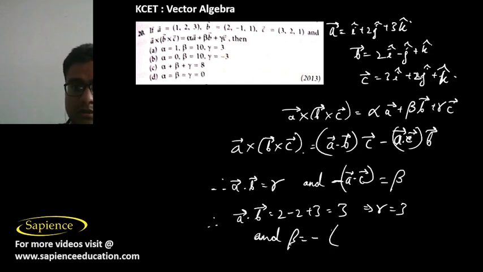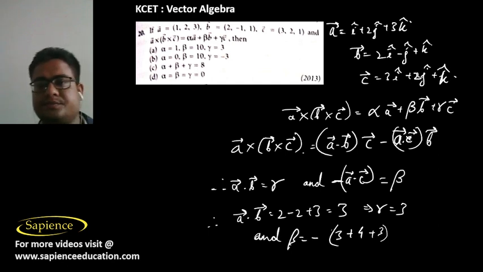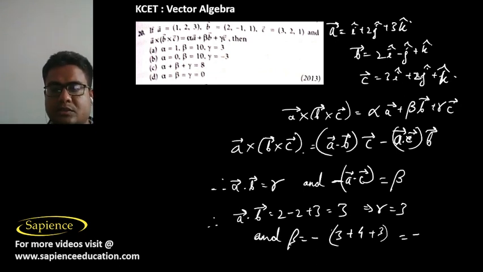So A dot C is 3 plus 4 plus 3, and so beta is minus of A dot C, that is equal to minus 10. And alpha is equal to the coefficient of A vector, which should be 0.